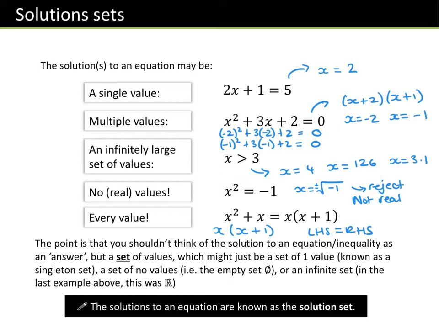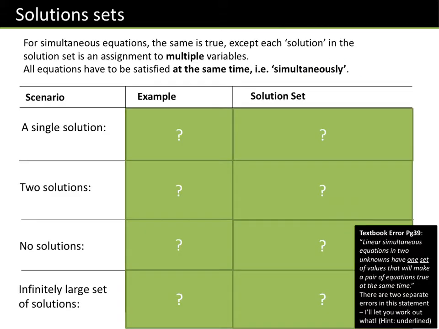So, these are the types of solutions that we could have to some equations, and these are called solution sets. We need to understand that solutions is really important, what we're looking for. So, for example, different types of solution sets. A single solution.